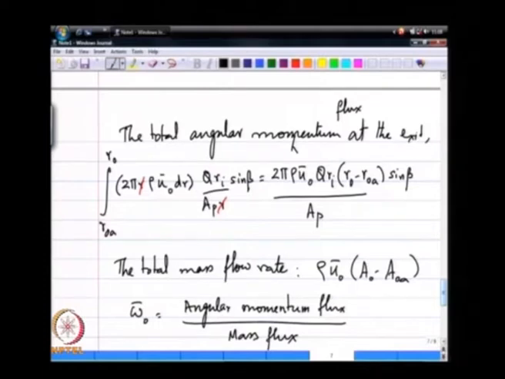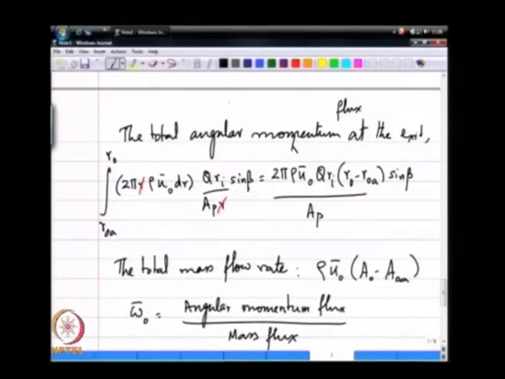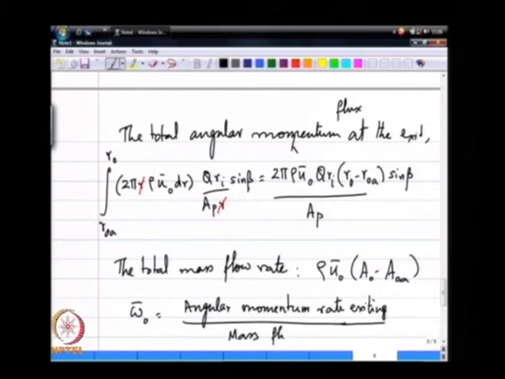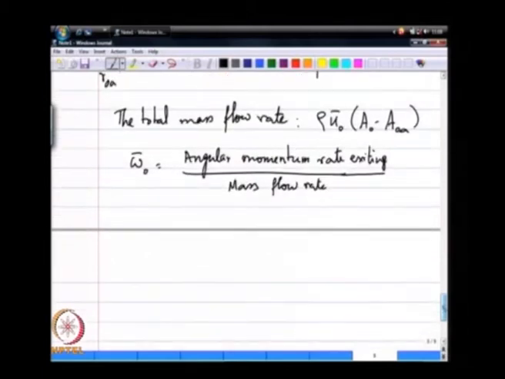So, this is actually the total angular momentum flow, it is actually total angular momentum rate, and so if I take the mass flow rate exiting the nozzle in the denominator and take the angular momentum rate exiting the nozzle, this ratio is essentially what the average swirl velocity would be.